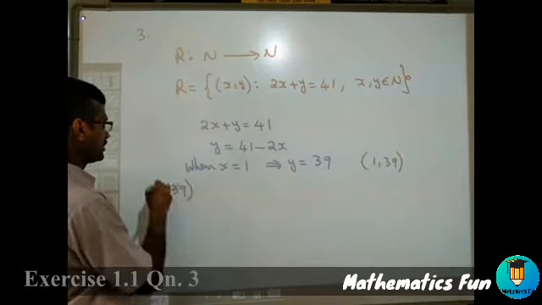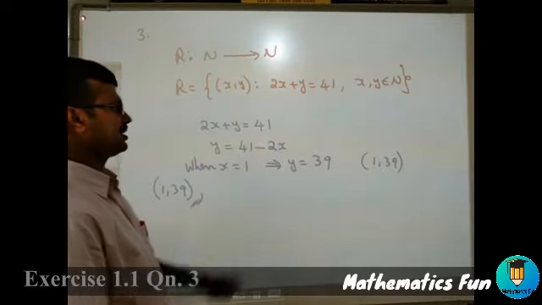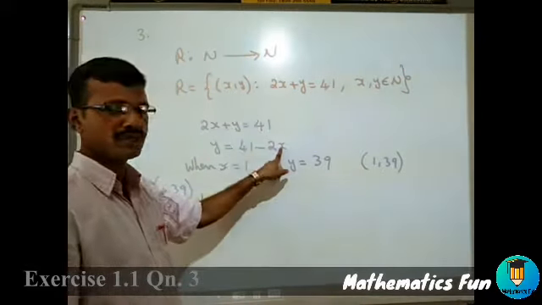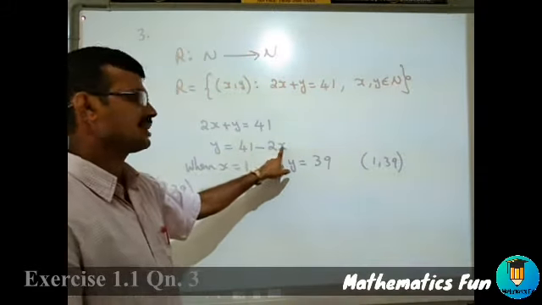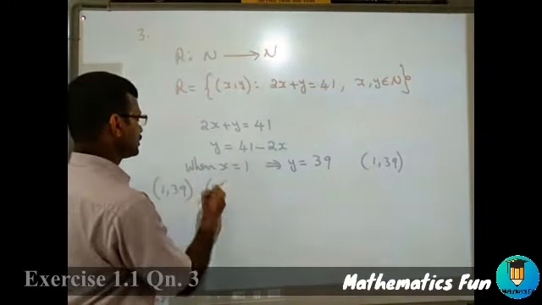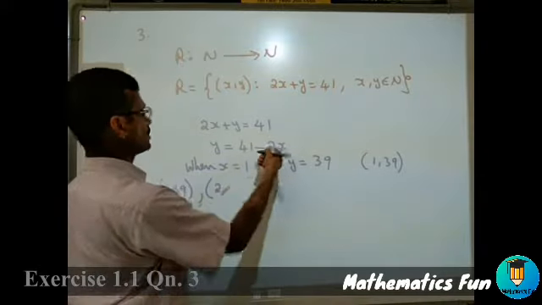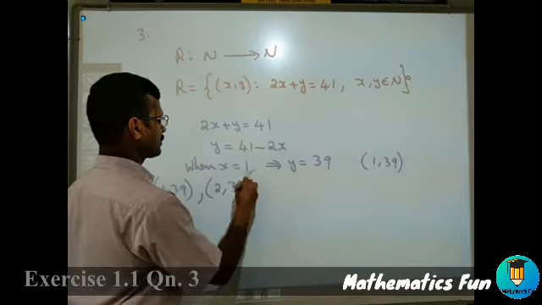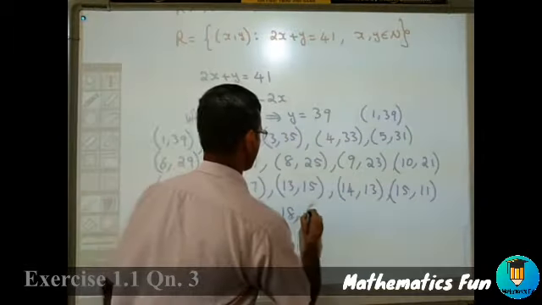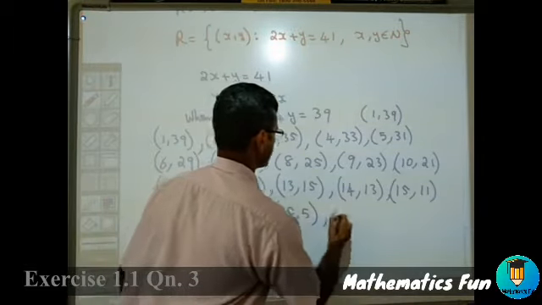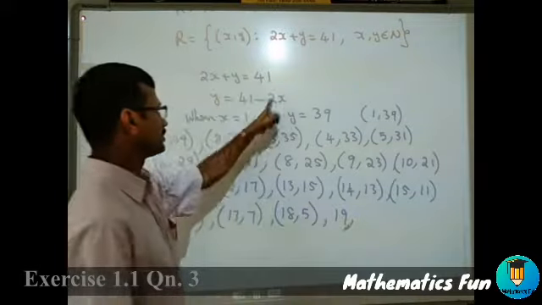Now for the second natural number, 2, I put 41 minus 4, which is 37. Next, for 3, it is coming 35, and so on.